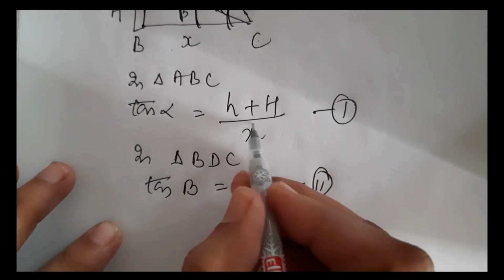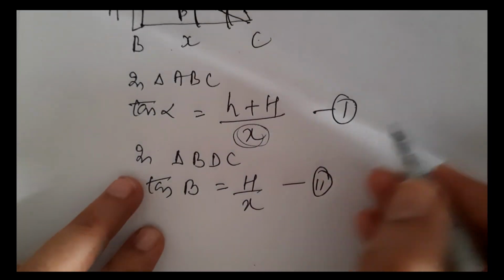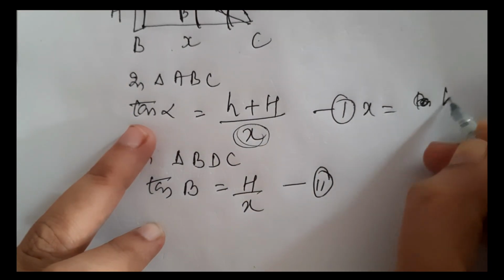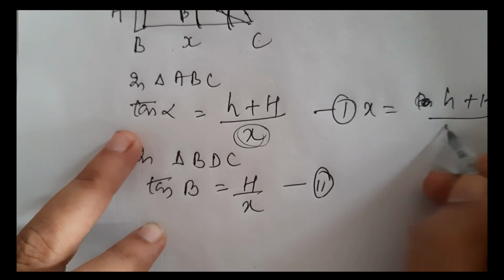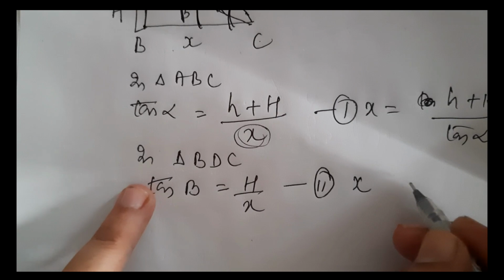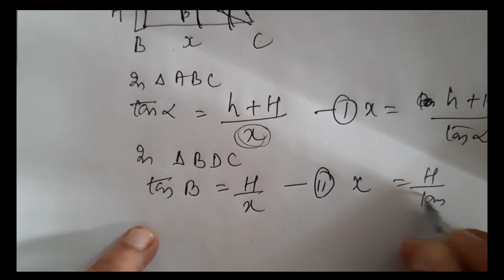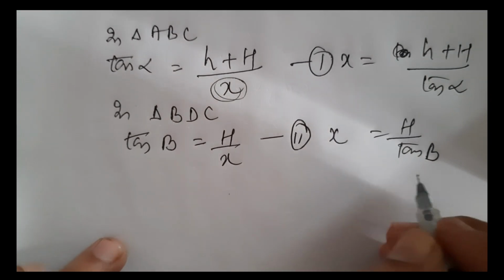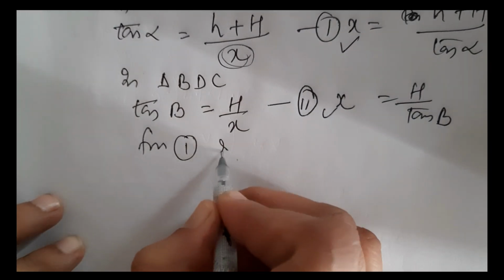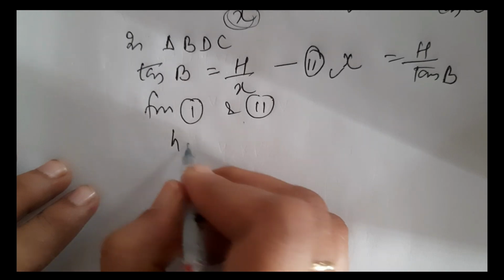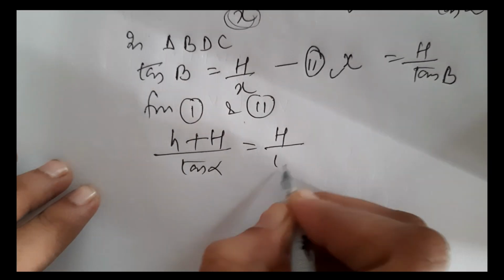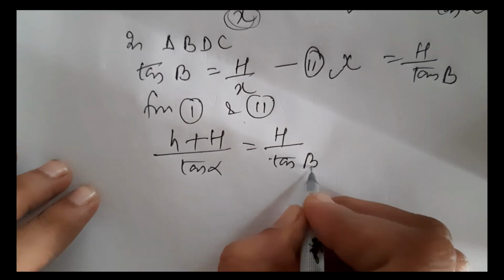Now we are going to find out the value of x from both the equations. From the first equation, x will be h plus capital H upon tan alpha, and in the same way from the second equation, x is capital H upon tan beta. From both the equations we got the value of x only, so we can compare them. From 1 and 2 we can write h plus capital H upon tan alpha is equal to capital H upon tan beta.